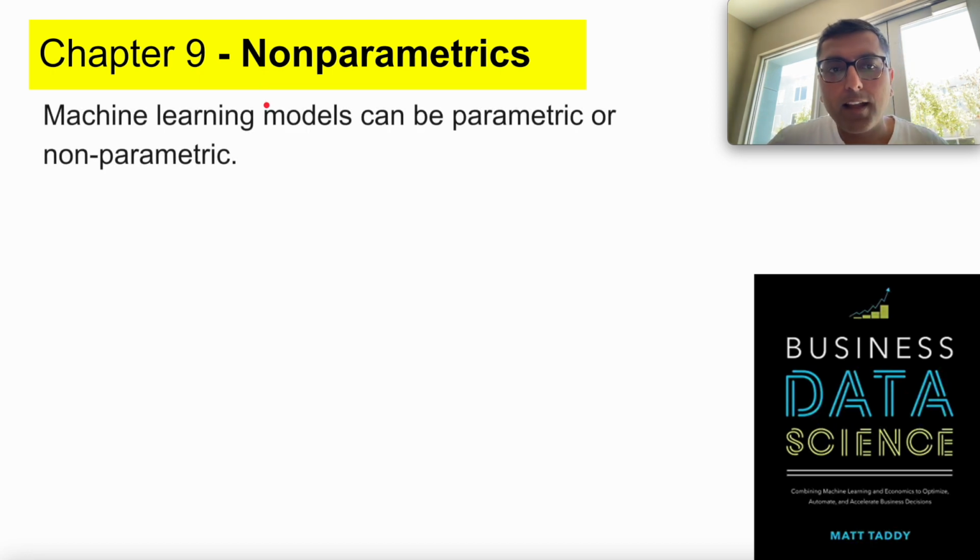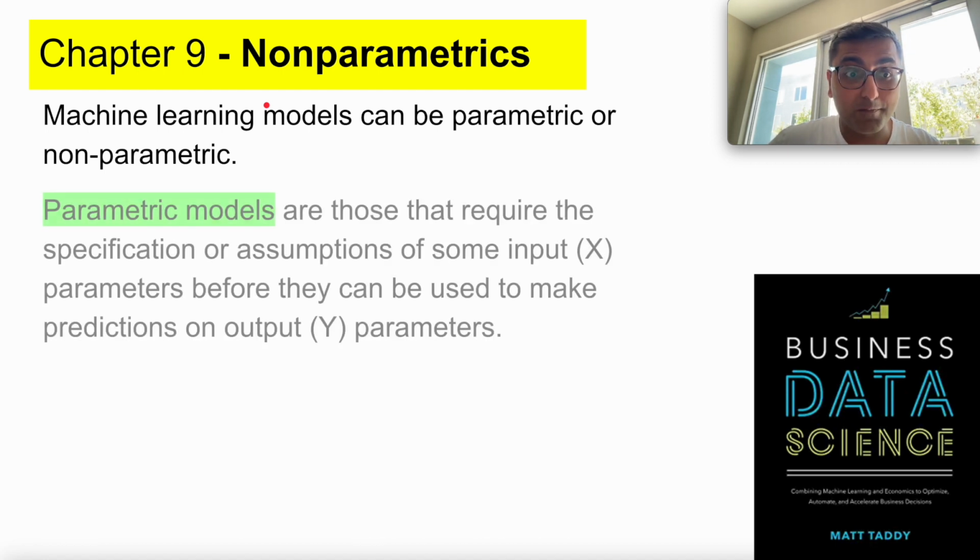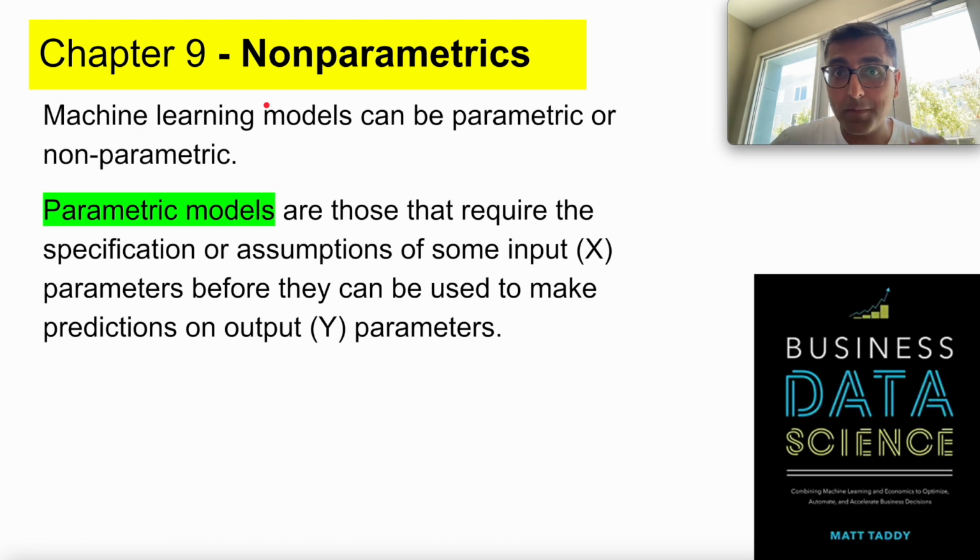So a given machine learning model can be parametric or non-parametric. We have seen a lot of parametric models up until this chapter. In a sense, parametric models are those that require certain assumptions going into that model specification. Like if you have certain business knowledge about the system, what is the causal link between certain things, or what are the variables that are important.